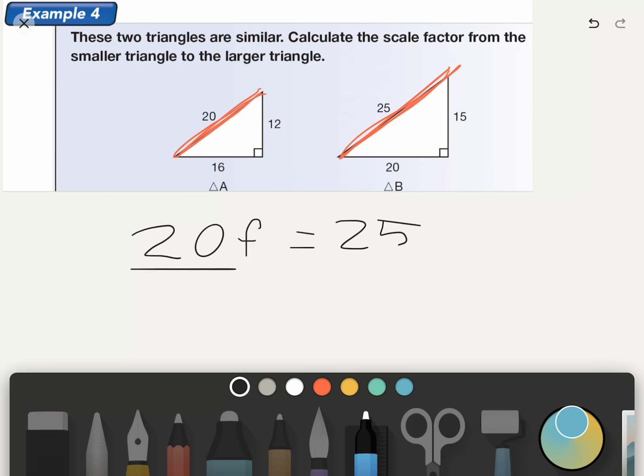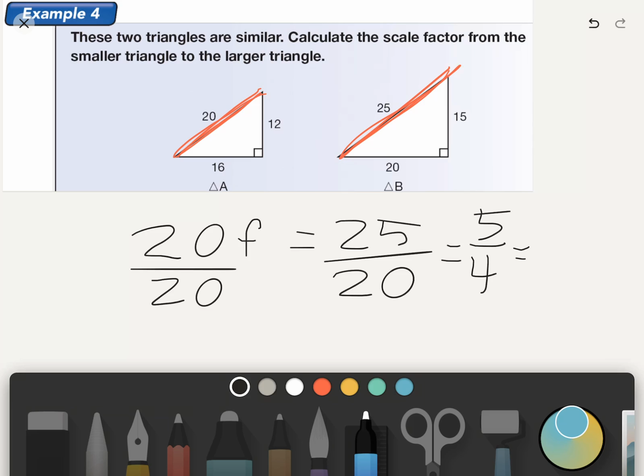And so we just divide each side by 20, which gets us 25 over 20, which gets us a 5:4 ratio, which still isn't very handy. So we could say that the scale factor is 1 and 25/100ths, or we could say that the scale factor is 1 and 1/4, or we could say the scale factor is plus 25%.